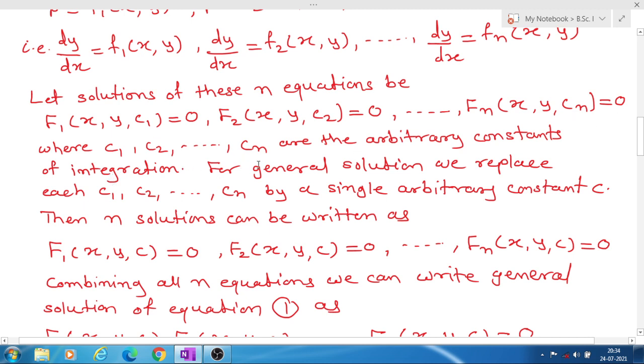Here these c1, c2, cn are arbitrary constants of integration. When we integrate these equations we get a solution, and for each equation we get some constant of integration. So c1, c2, cn are arbitrary constants of integration, but our general solution will contain only one arbitrary constant.